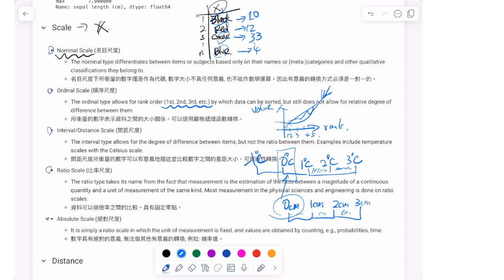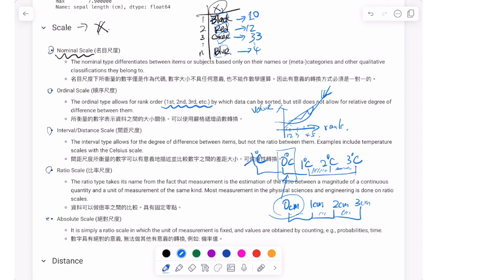So that is a little bit different when you describe temperature and your height or weight. 0 means really nothing. So that is called ratio scale. And for ratio scale numbers, you can divide them, and you can multiply them. Okay, so that is a little bit different.